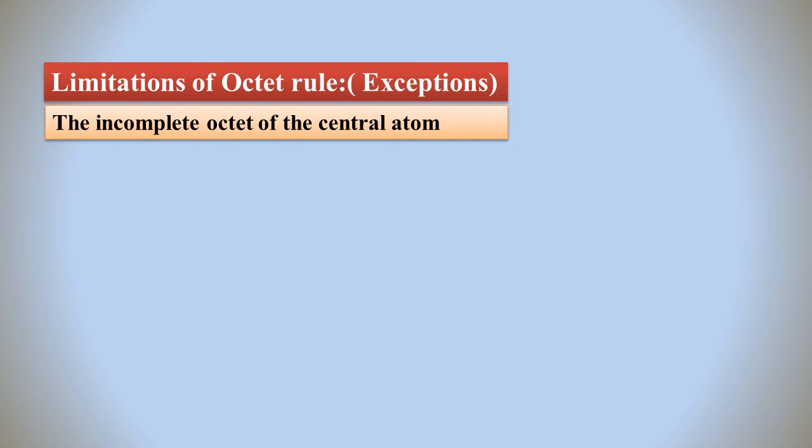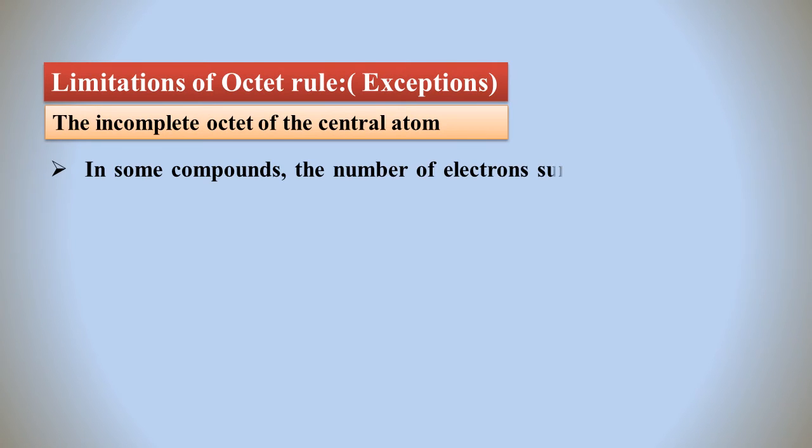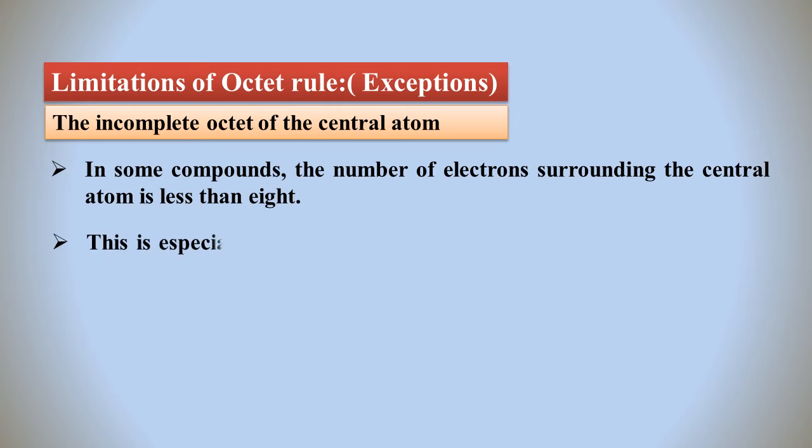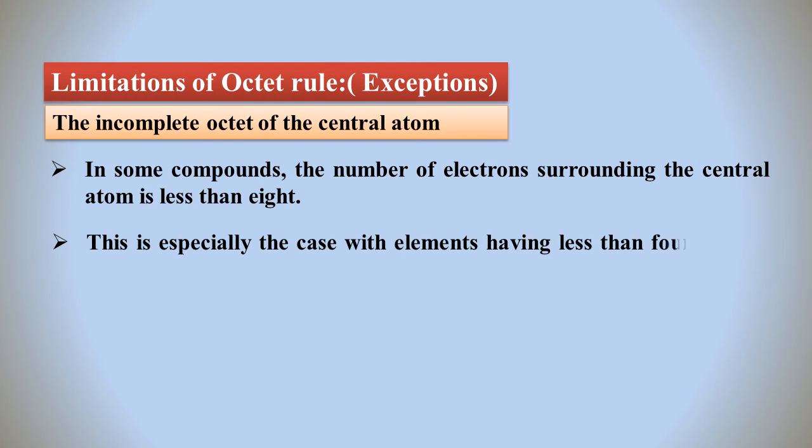The incomplete octet of the central atom. What do we mean by this? In some compounds, the number of electrons surrounding the central atom is less than 8. So it's an exception where we can't reach the octet state. This is especially the case with elements having fewer than 4 valence electrons.